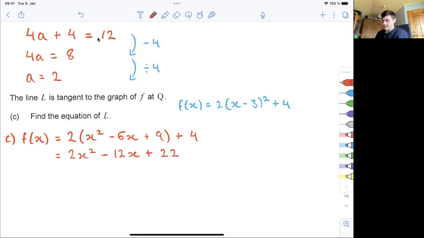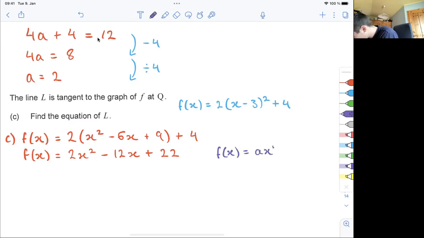And then now I have an expression for f(x) as a polynomial, which is going to be easier to differentiate. Now, the formula to differentiate this is in your formula booklet. But if you have f(x) is equal to ax to the power of n, then therefore f dash x is going to equal n a x to the power of n minus 1.